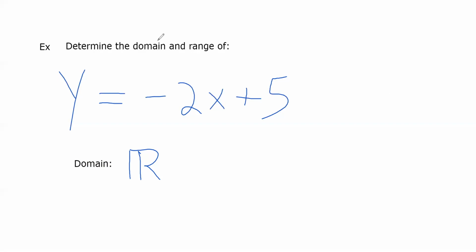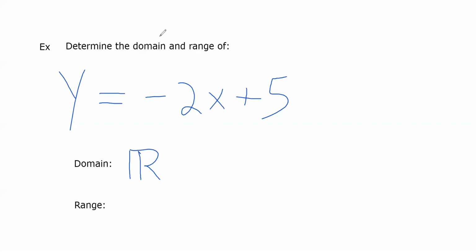The range. Now, here's what I'm going to say. Don't just say the range is all real numbers, because the domain was also all real numbers. Remember, if you're talking about a parabola, that's not the case.